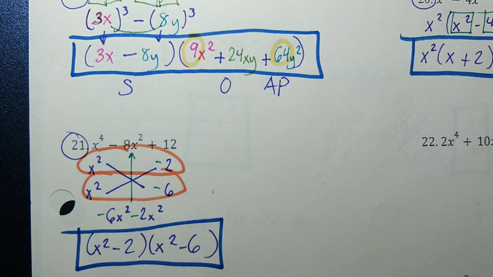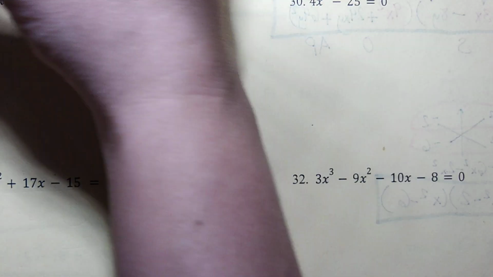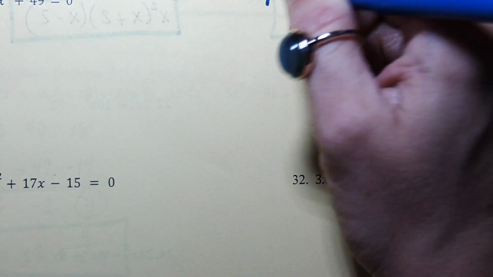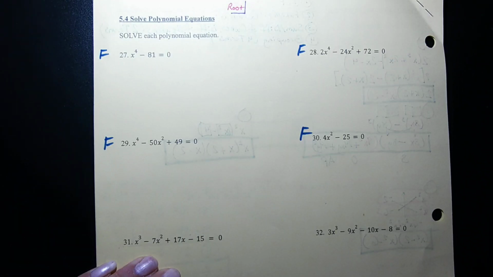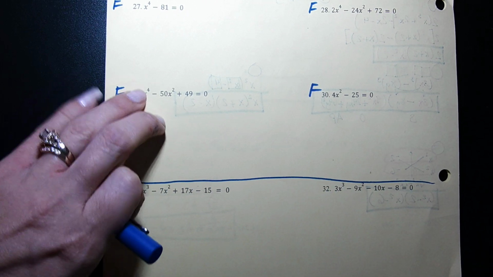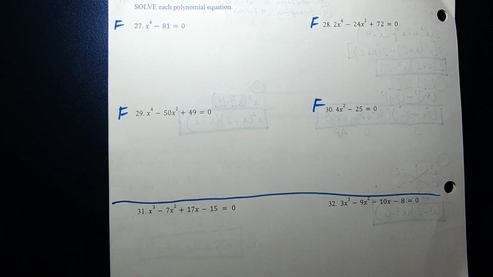Folks, on the back page, I'm just going to straight up tell you that I want you to factor the first 4 problems. So the first 4 problems can be solved by factoring. The bottom 4 problems, you'll have to use your calculator and or P over Q values to solve.